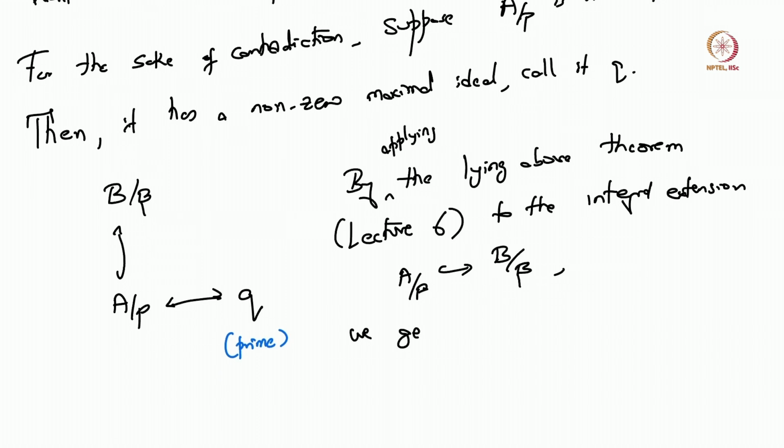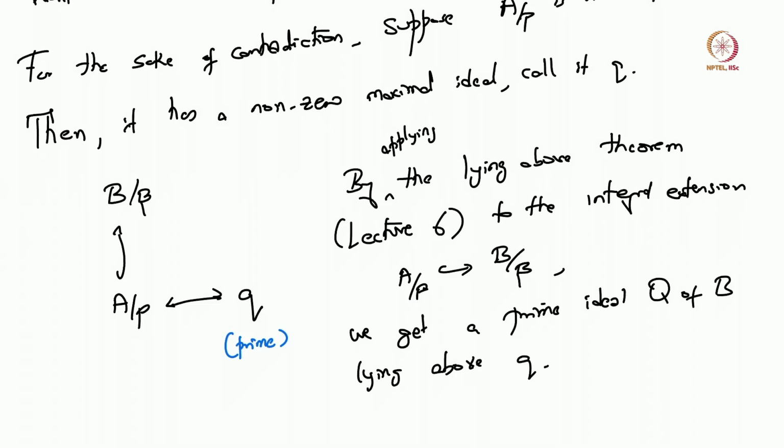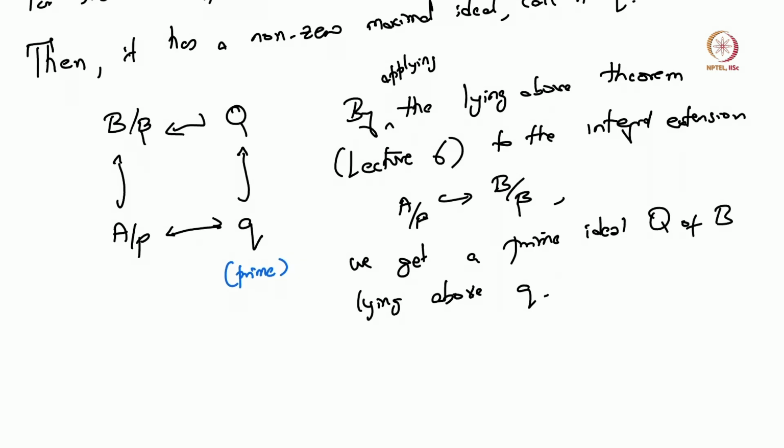So we get a prime ideal, say capital Q, inside of B over beta that lies above little q. So we have this commutative diagram, and in particular, Q intersect A over P equals little q.